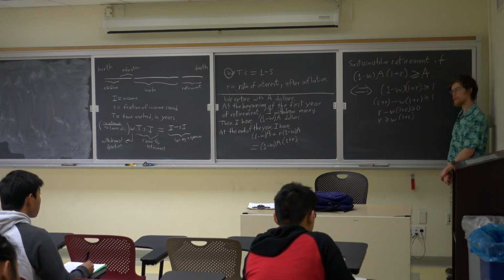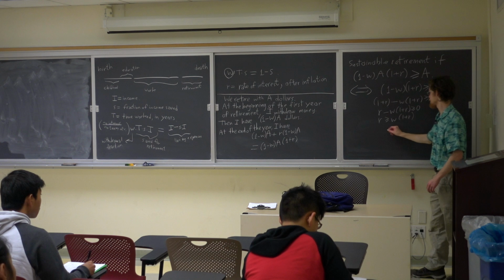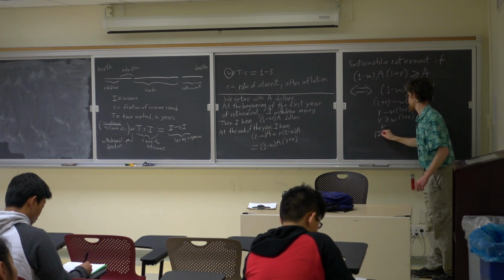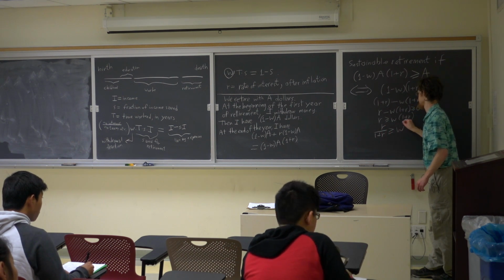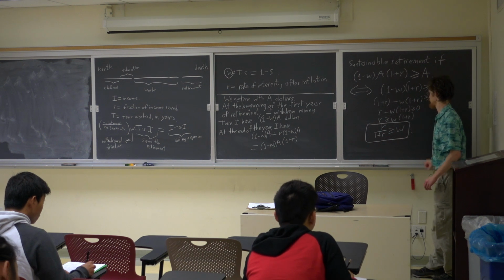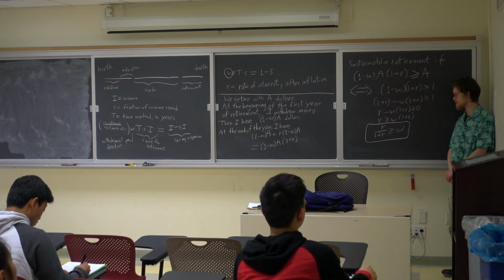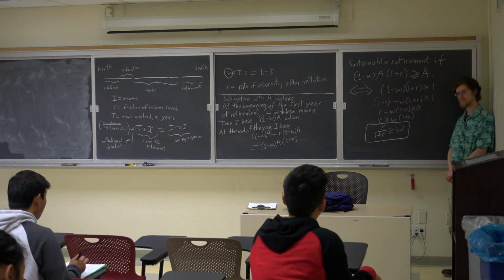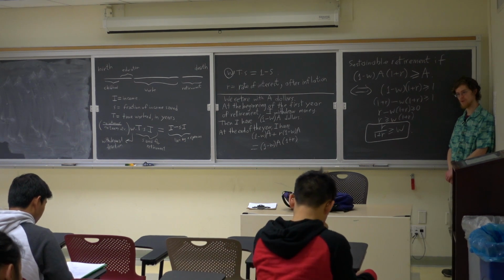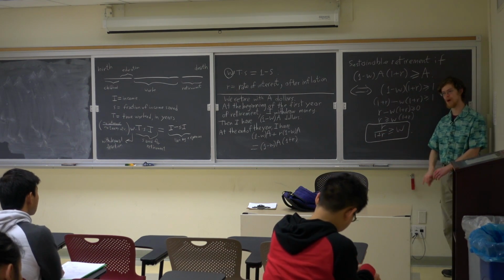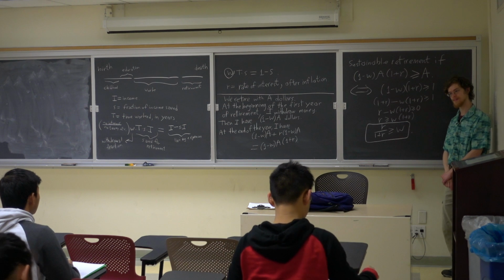And now I'm going to divide both sides by 1 plus R. And this is my result: a sustainable rate of withdrawal from your savings for retirement years is sustainable if it's less than or equal to the rate of interest divided by 1 plus the rate of interest.